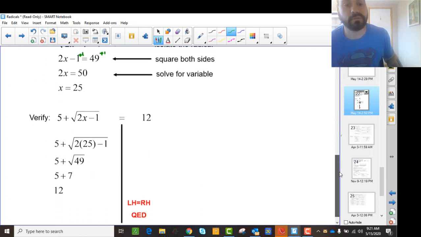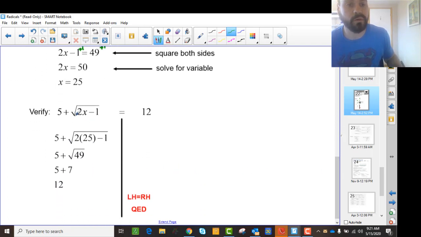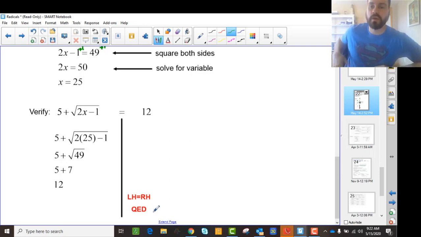We plug in 25: 2 times 25 is 50, minus 1 is 49, the square root of 49 is 7, and 5 plus 7 is 12. The left-hand side equals the right-hand side. QED, meaning we proved it. It works. Those are the steps we're going to follow.